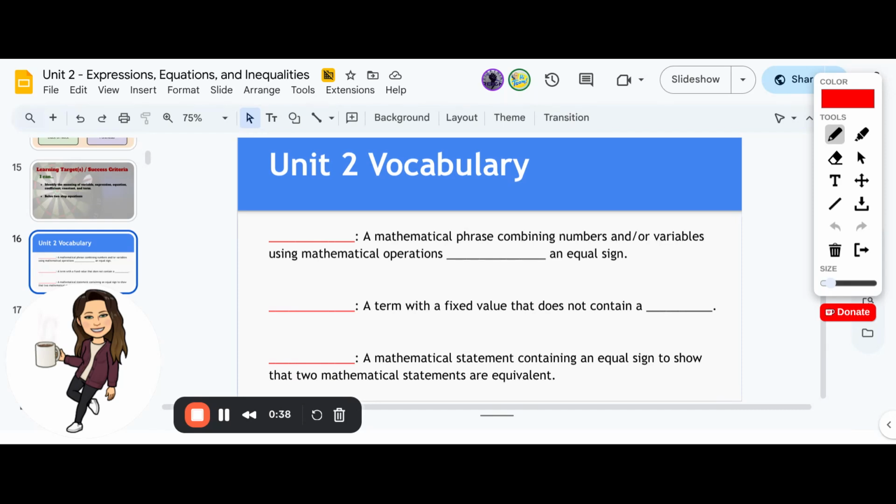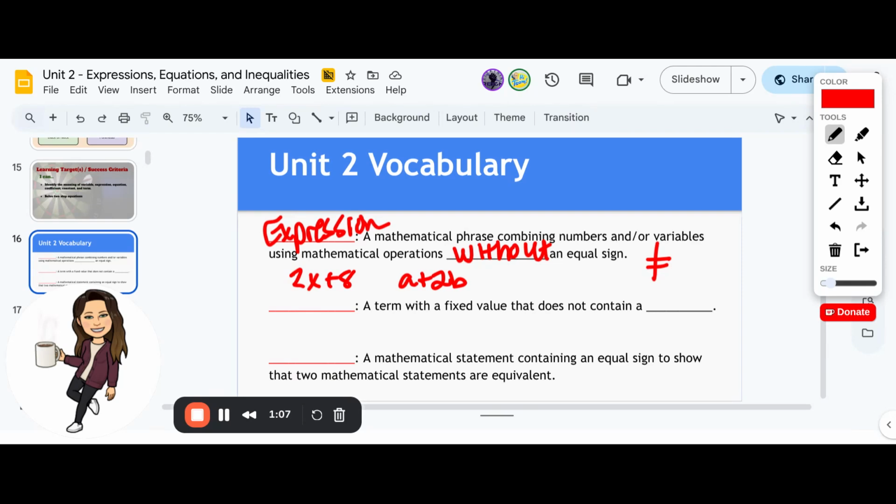Basically, remember it as numbers and symbols without an equal sign. So expression, no equal sign. Examples of that would include 2x plus 8, a plus 2b, etc. Numbers and symbols with no equal sign.